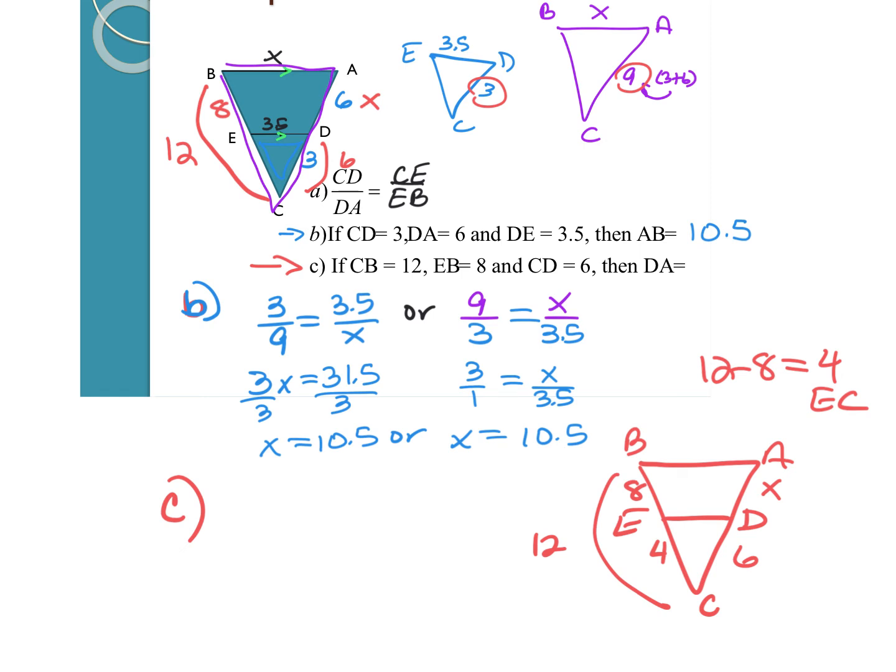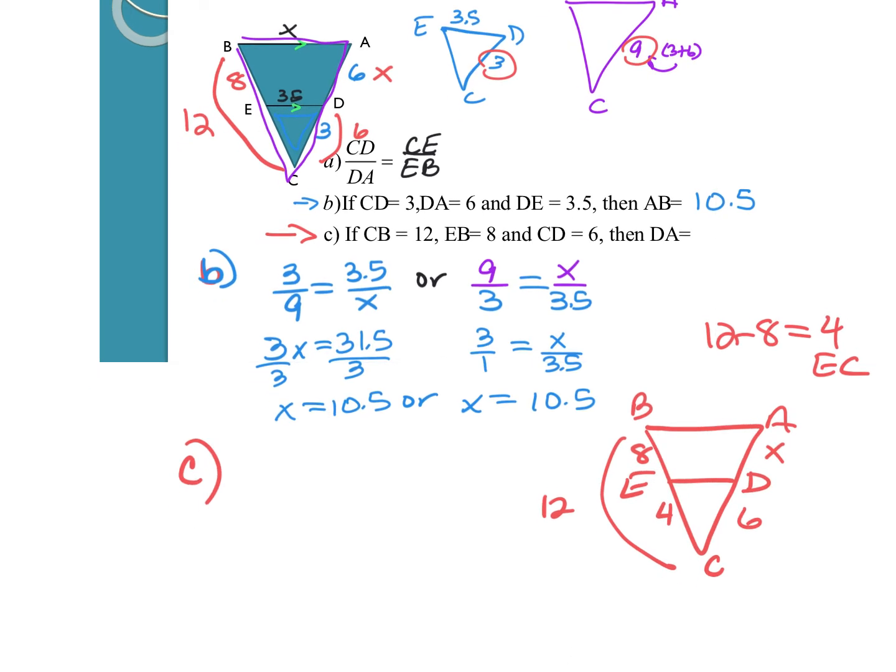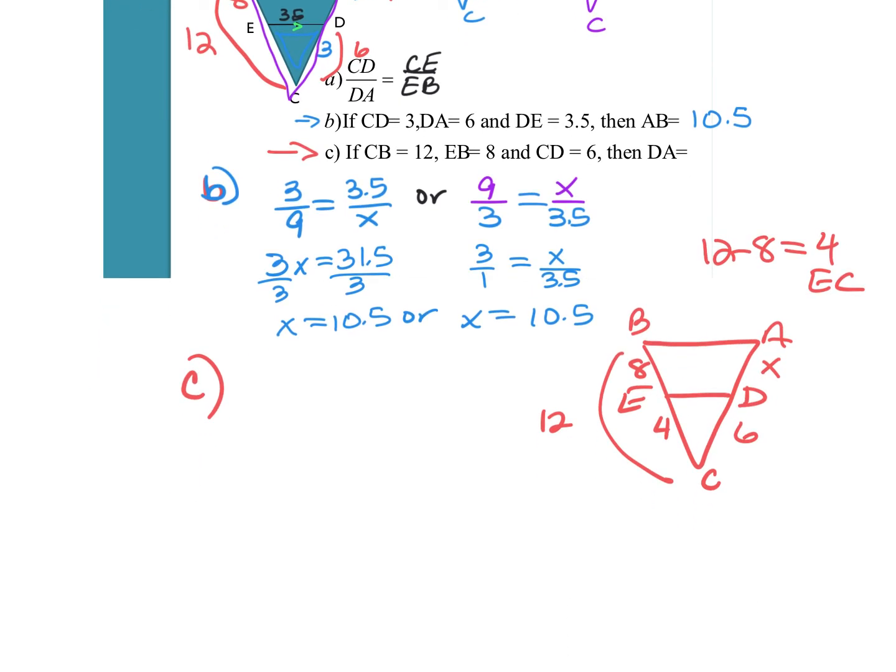And now I can use one of the proportions that I just learned. I don't need to separate them. You can if you want. So to find the length of AD or DA there, I'm going to do top over bottom. So I'm going to do top right over bottom right is equal to top left over bottom left.